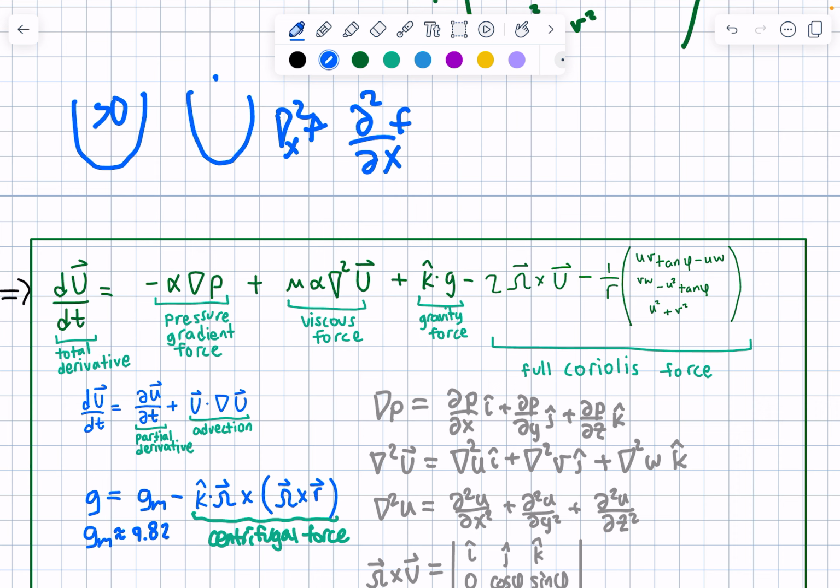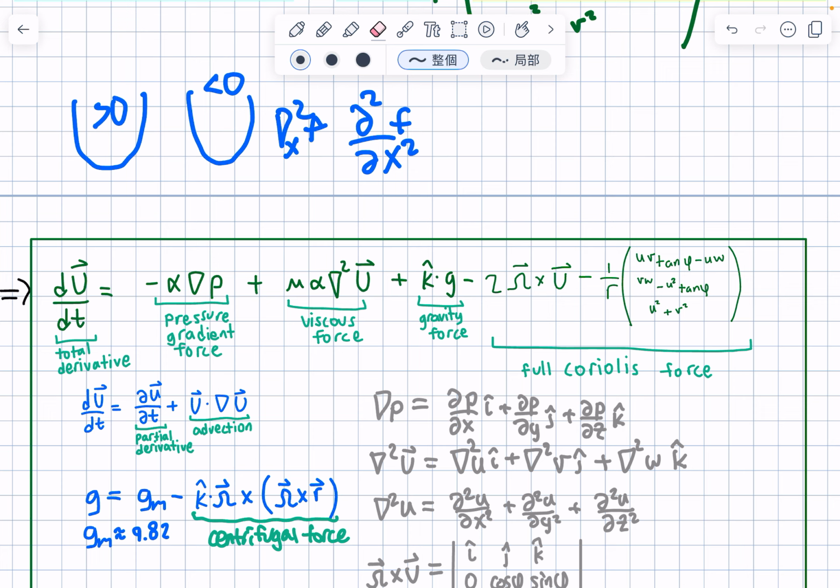If you have this shape, that's less than zero. So this term describes how much the velocity changes over space, and how that change itself changes over space.